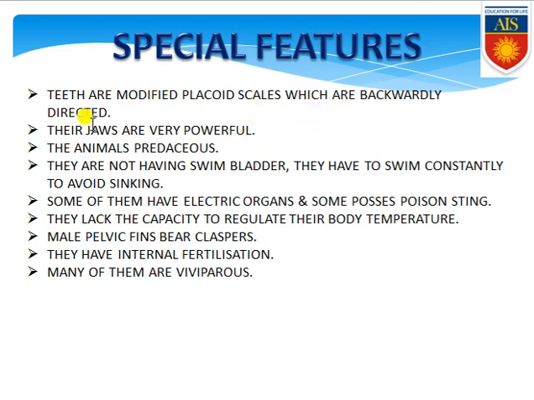If you see their teeth arrangement, you will see that all the teeth are backwardly directed. Their jaws are very powerful. The animals are predaceous because they are mostly predators. They capture various small species, other animals, as food. They do not have a swim bladder, so that's why they have to swim constantly to avoid sinking.